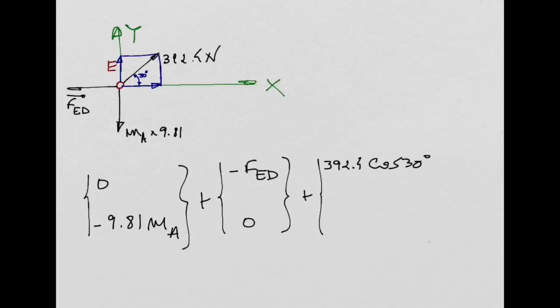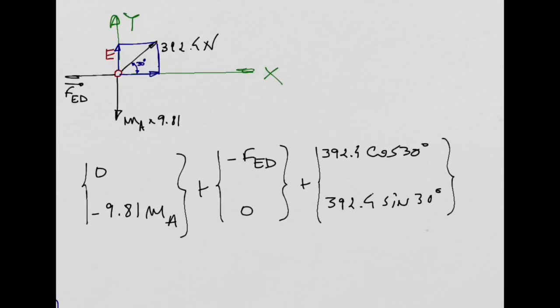And the vertical component? How much is it? Times sine, correct? That's all the forces we have for this free body diagram, right?